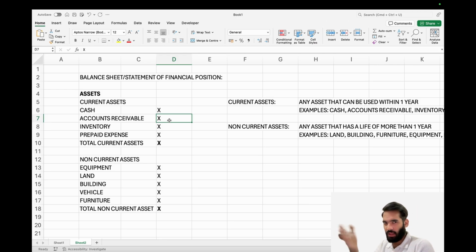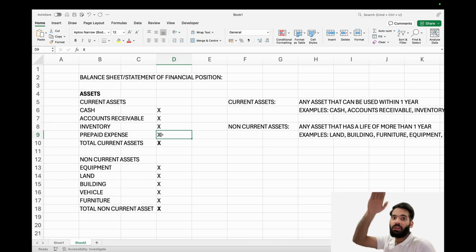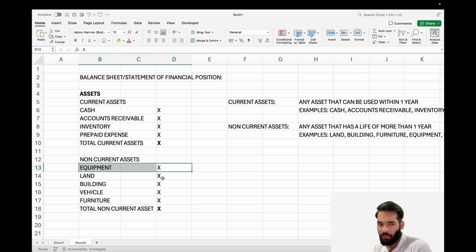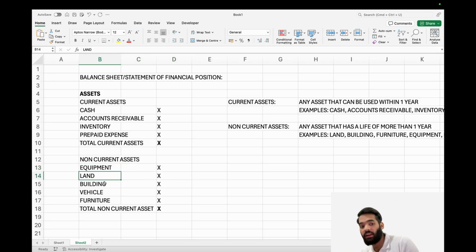Because it takes some time to receive the money. Inventory is a bit more illiquid, and prepaid expenses a little bit more than that. So we are mentioning them in terms of liquidity. So that's why here I first put equipment, then if I wanted to follow the guideline, I could have put building here and then a vehicle here, furniture, and you can follow the liquidity pattern.